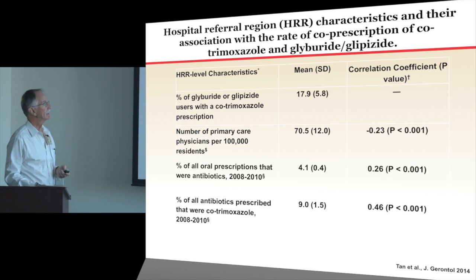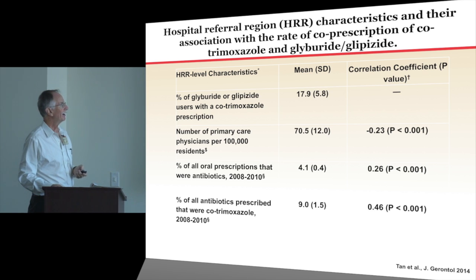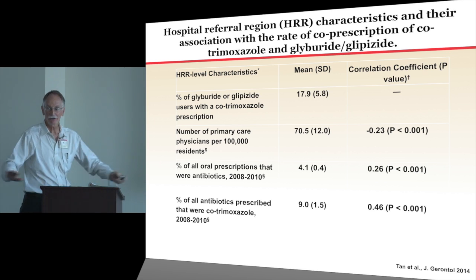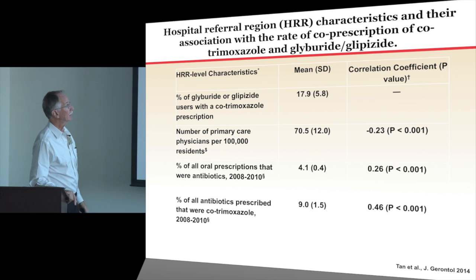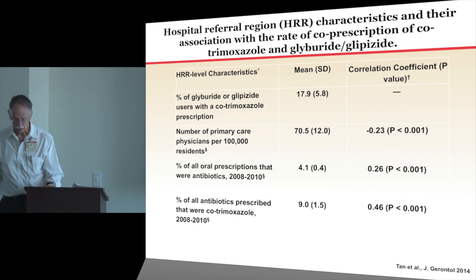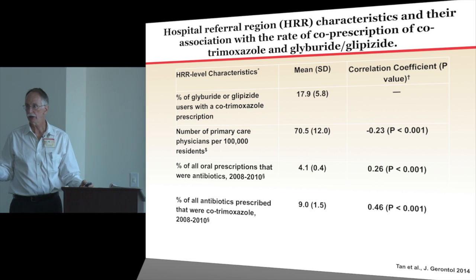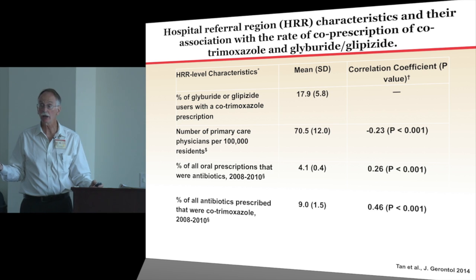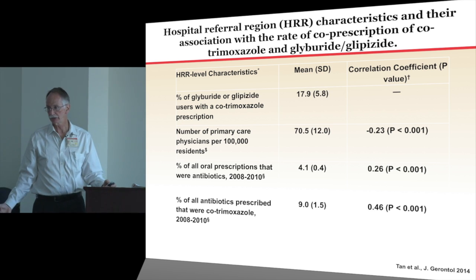So the next thing we always do is we go to small print. It's like, okay, we've done enough big print, let's go to small print. We look at the same issue at the level of the primary care physician, because we're asking the question, are some primary care physicians better than others in terms of avoiding giving bad drugs to people?